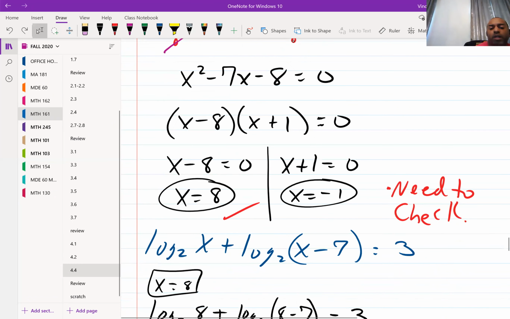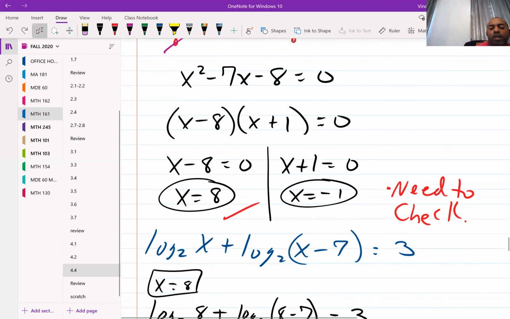Plugging in negative 1. Now, it's not about your solution being negative. It's about when you plug in the solution, will the log be applied to a negative value? So in other words, if I have log of x plus 8, when I plug in negative 1, that would be the log of 7. So that wouldn't be an issue.